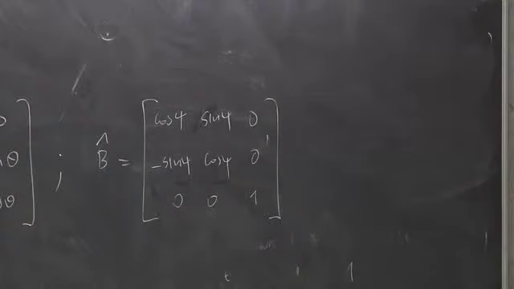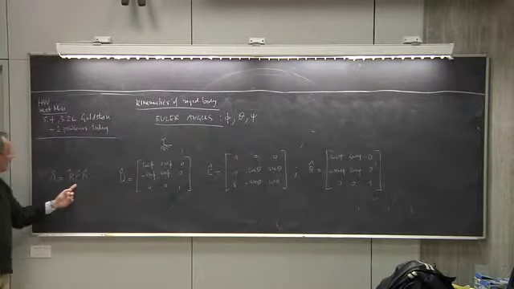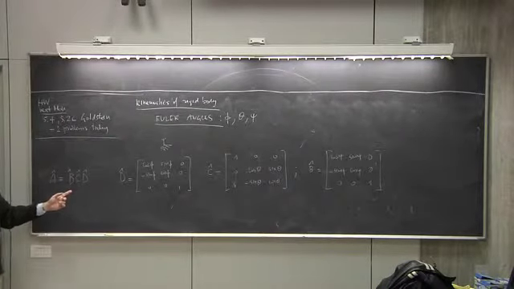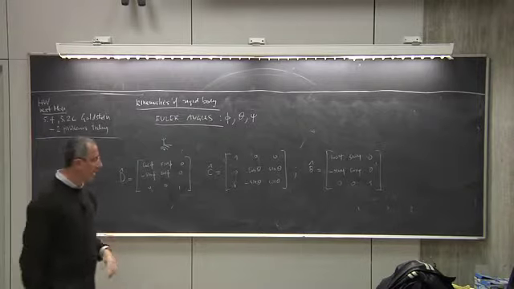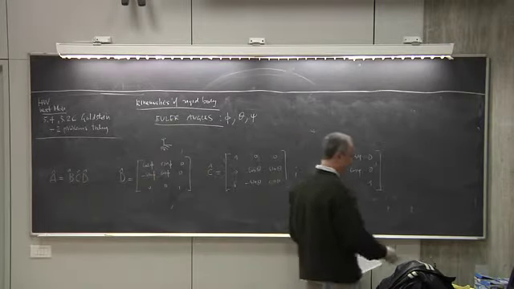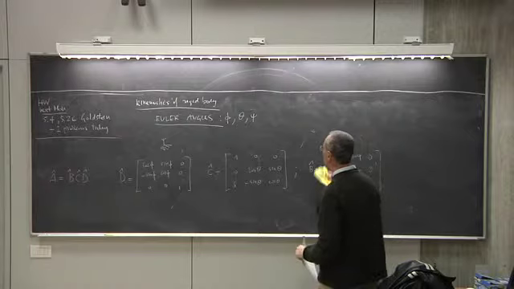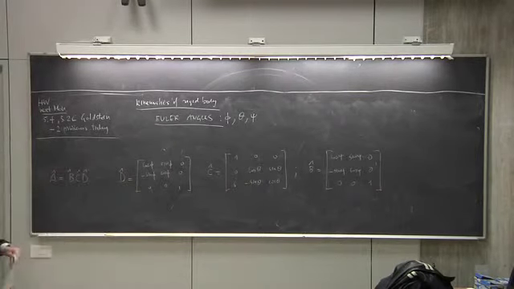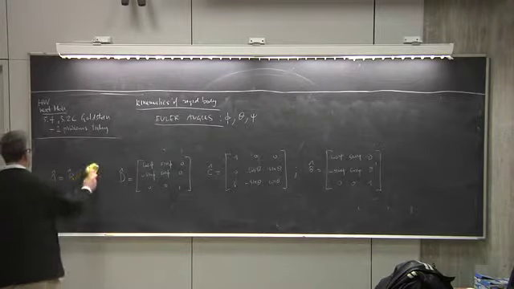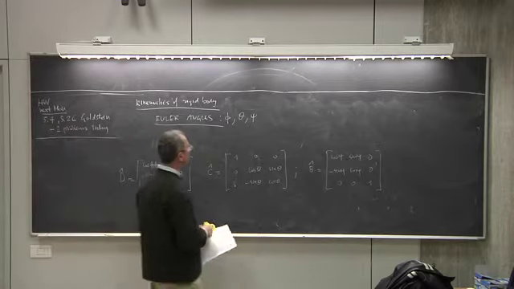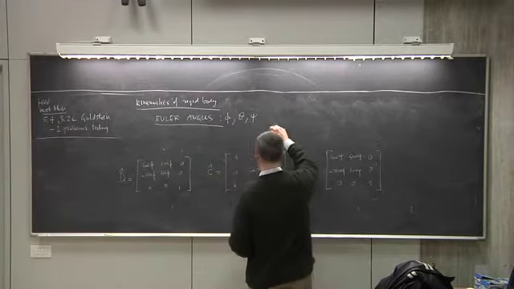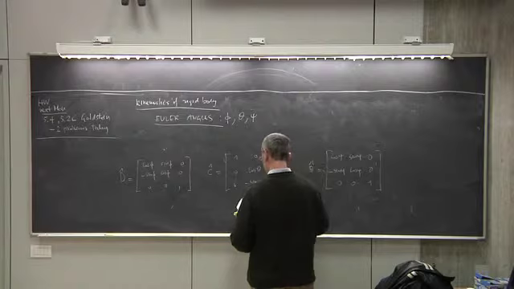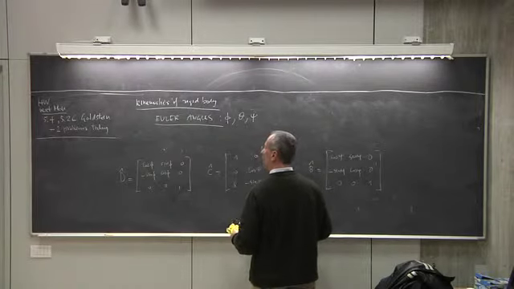And so I'm almost done. The only thing is, unfortunately, I have to multiply 3 matrices. That requires some energy, so I'm not going to do that in real time. I just write the result. Maybe over the weekend you can check. The result is a 3 by 3 matrix that unfortunately is rather complicated.